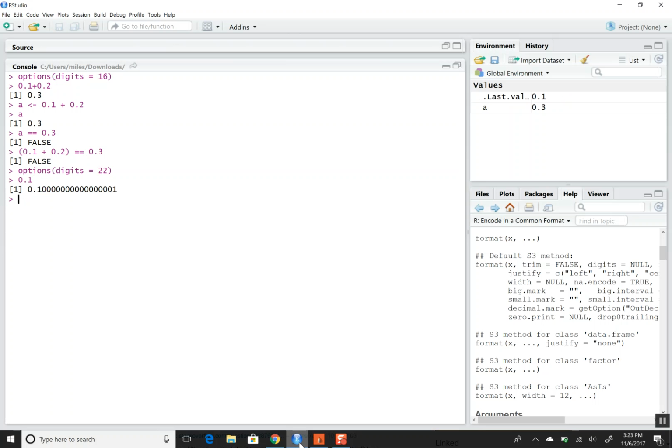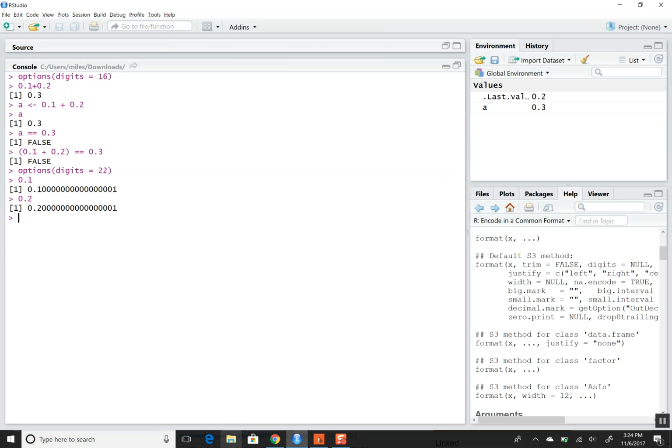It's something very close to 0.1, but not exactly that, because 0.1 in binary has a whole bunch of trailing binary digits, and it gets truncated. 0.2 in binary has a truncated representation that is this in decimal.